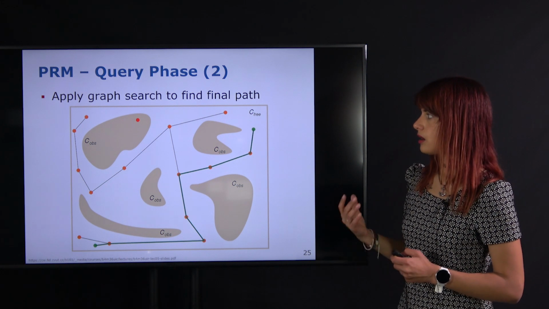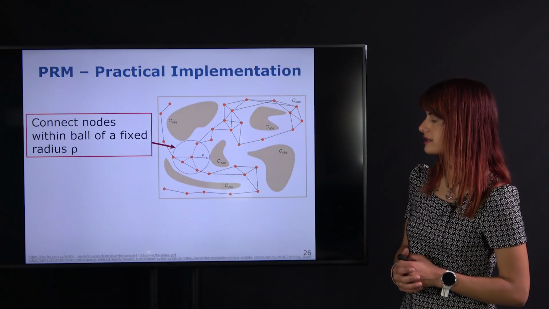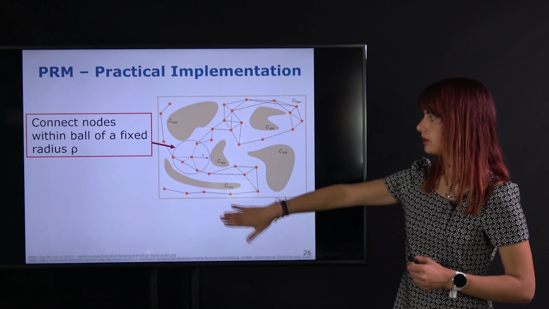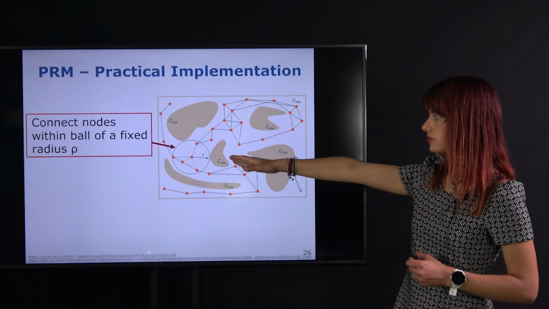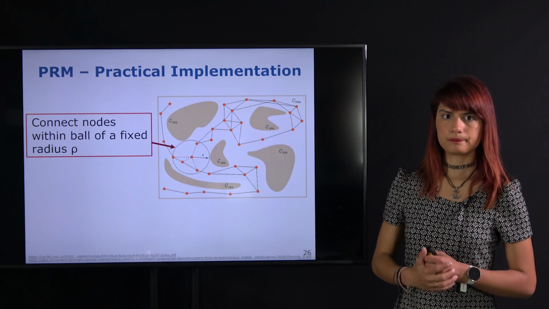So one practical detail here is how do we actually connect new nodes, new samples to the roadmap if we have many of them.